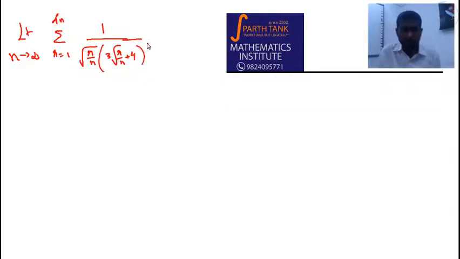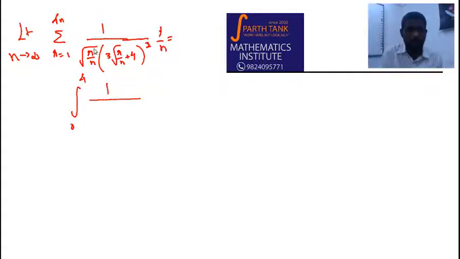So basically whole squared into 1 by n. This can be equal to integral 0 to 4, 1 by, instead of r by n you put x, root x, (3 root x plus 4) the whole square dx. 0 to 4 because it is 1 to 4n, and dx is dx. This 1 by n basically takes the place of dx.